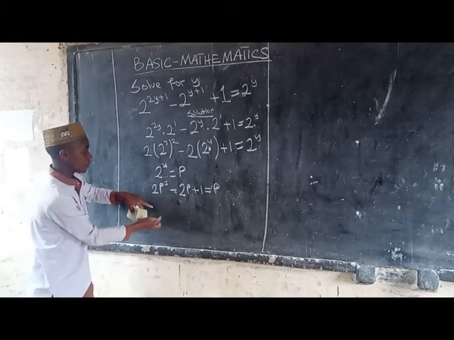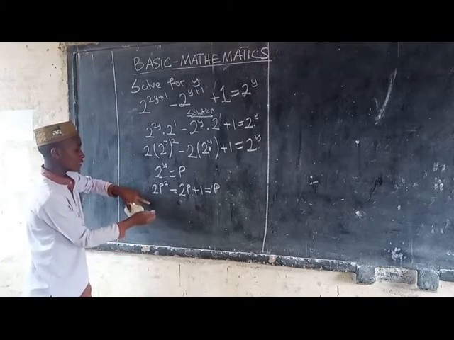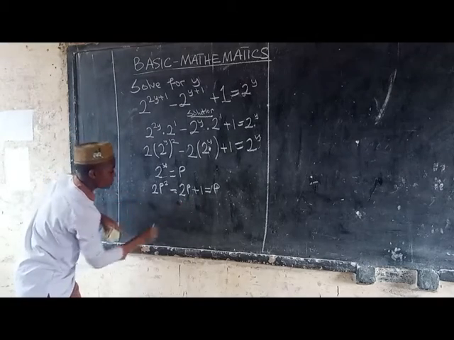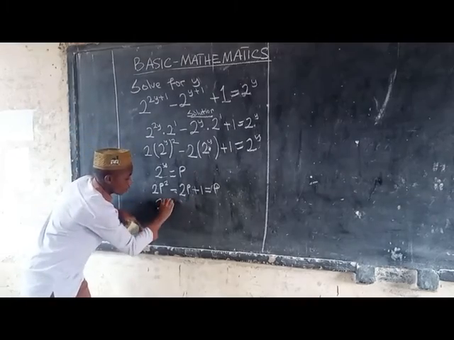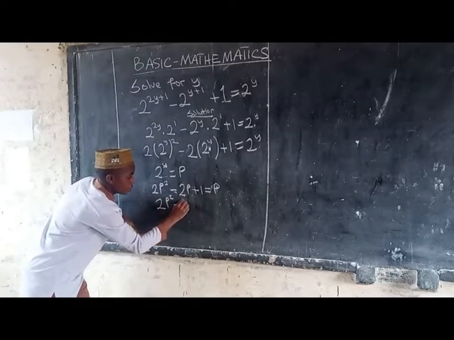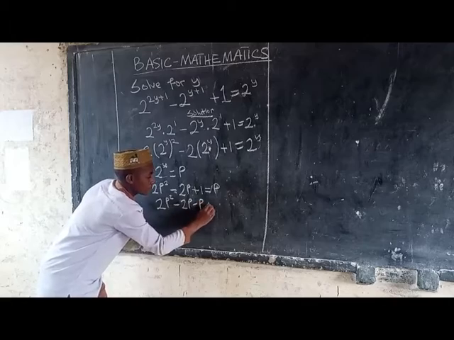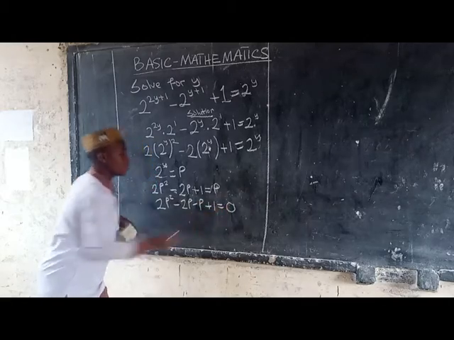Now in this step we are going to rearrange the numbers to get a quadratic equation, whereby we take this p to the other side, which will become 2p squared minus 2p minus p plus 1 is equal to 0.